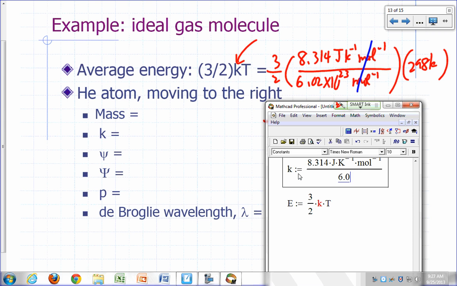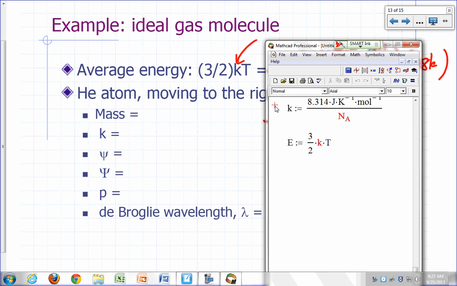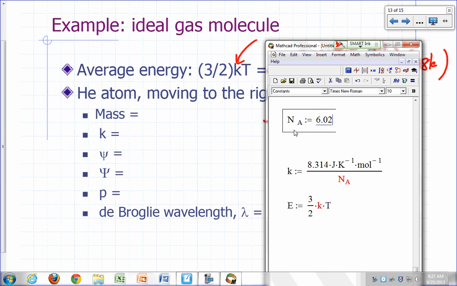Let's just call that n sub A. And Avogadro's number, n sub A, equals 6.022 times 10 to the 23rd per mole.